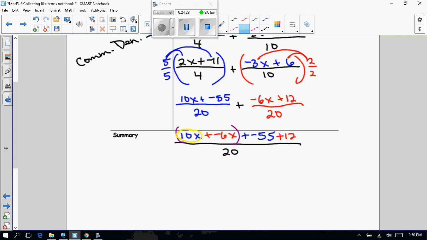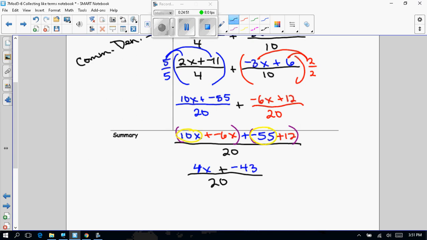So 10 minus 6 is 4. It's positive, so we have 4x plus, now let's combine our constants. The signs are different, so again, I'm going to subtract 55 minus 12. 55 minus 12 is 43. The sign is going to be negative. And it's all over 20.